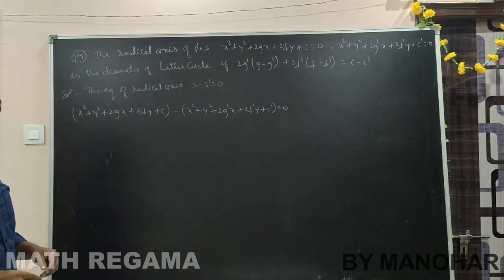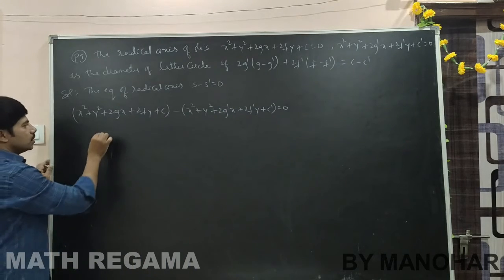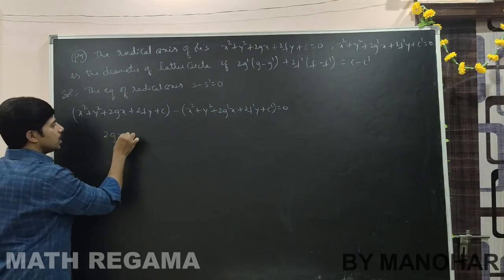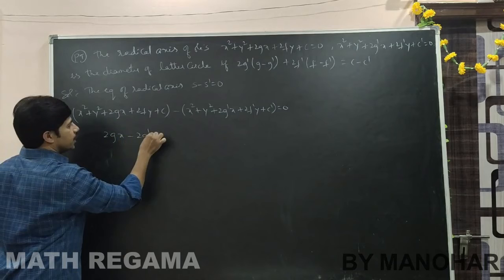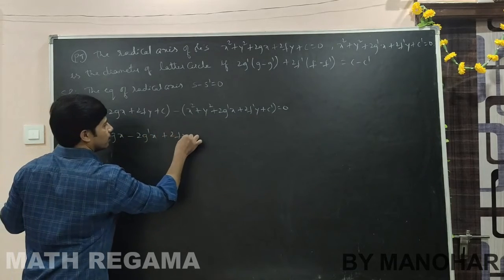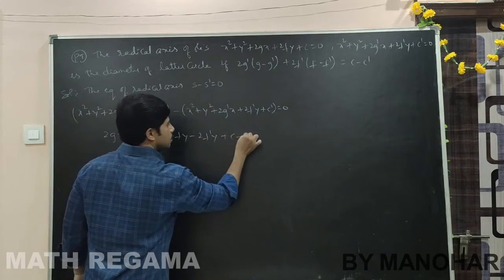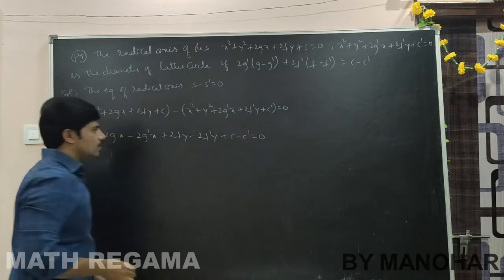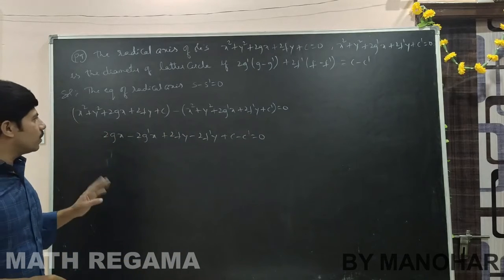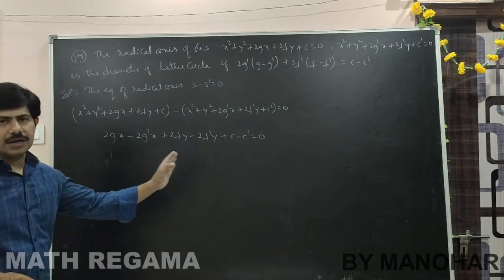Now we'll simplify this. We get 2gx - 2g'x + 2fy - 2f'y + c - c' = 0. Here the x² and y² terms cancel, so we get this radical axis.